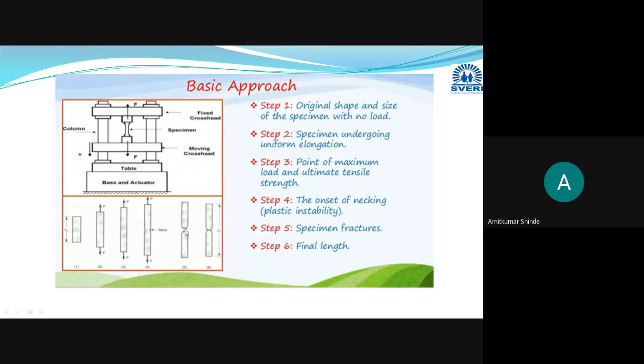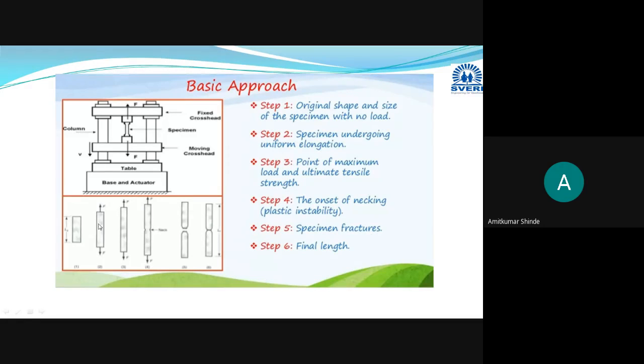Before the breakage, this is the component at the initial stage. Then you have started applying the load. As we are conducting the tensile test, we are pulling that component from both sides.